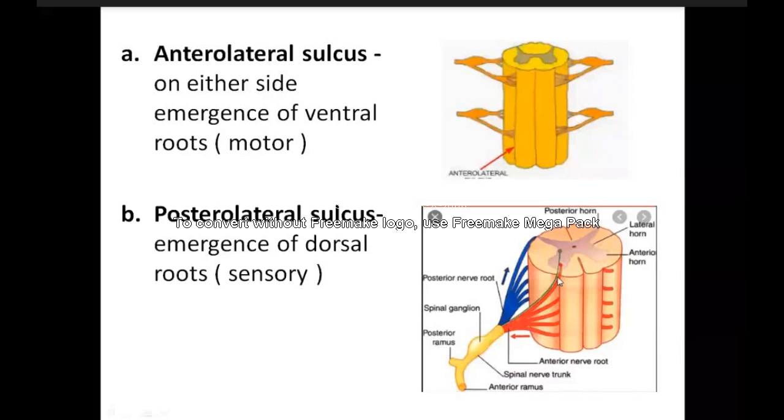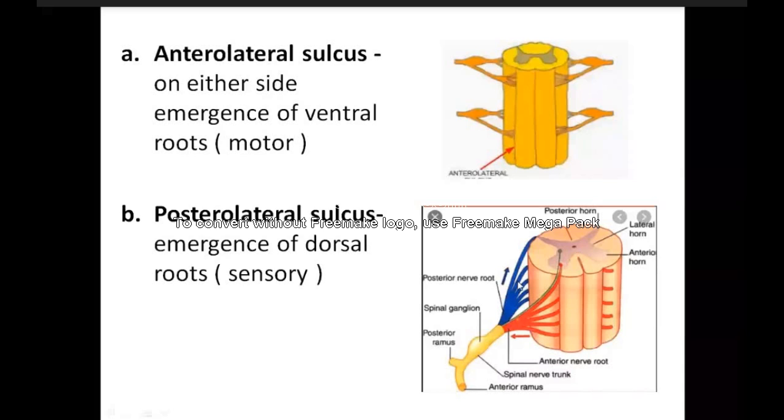Because you can see the emergence of the nerve roots here. These are the ventral nerve roots, because the anterior part of the spinal cord is motor in function. So these are the ventral or motor nerve roots. This is the anterolateral sulcus on either side. Similarly, you have the posterolateral sulcus on the posterior part, from where you can see the emergence of the sensory or dorsal nerve roots.